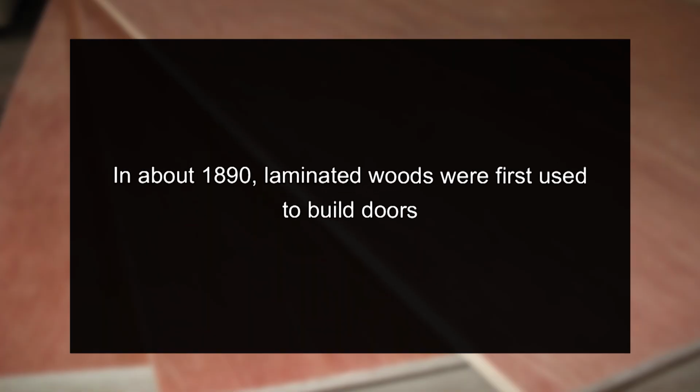Despite this development, it took almost another 100 years before laminated veneers found any commercial uses outside of the furniture industry. In about 1890, laminated woods were first used to build doors.